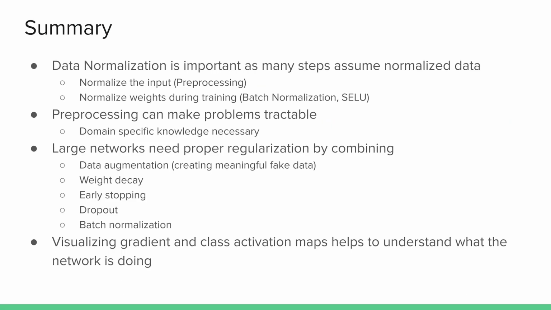Summing up today's lecture, I hope you got some ideas for how you can fine-tune and improve your networks by using data normalization, as it is a very important preprocessing step, because many parts of our neural network, like initialization algorithms, rely on the assumption of having normalized input, and having normalized weights during training, like batch normalization, can be mechanisms to enforce this.